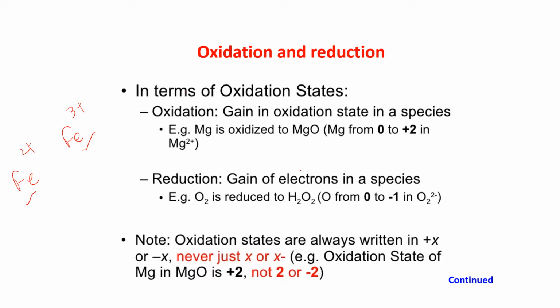That means oxidation state is changing, from Fe2+ to Fe3+. Now, if I say that the valency of oxygen is 2, it is only the combining capacity of oxygen. If I say the valency of oxygen is 2, that means oxygen can hold two other elements.